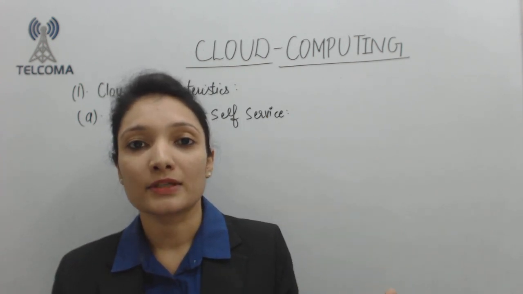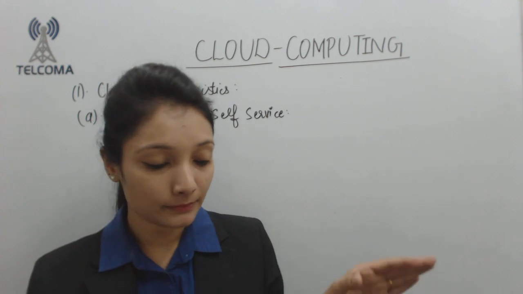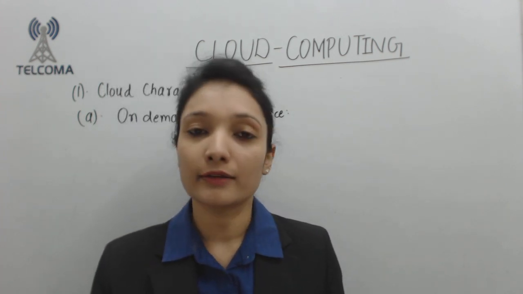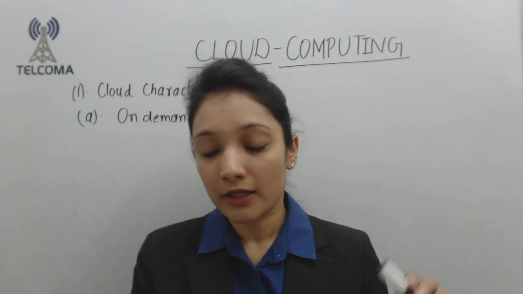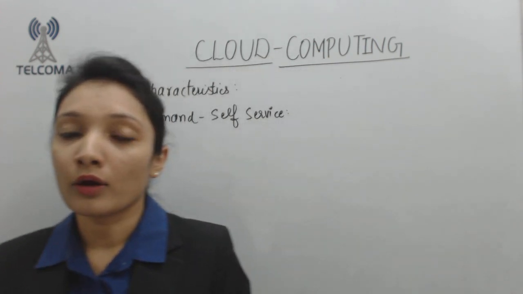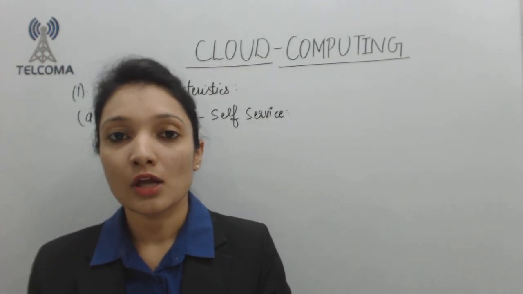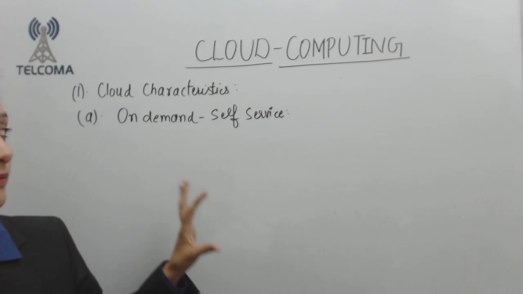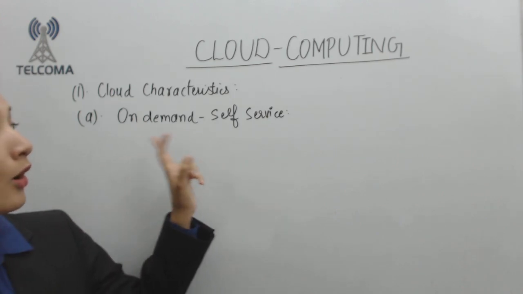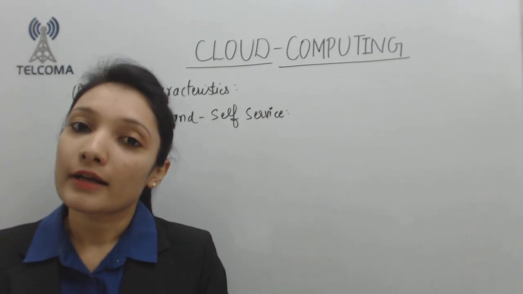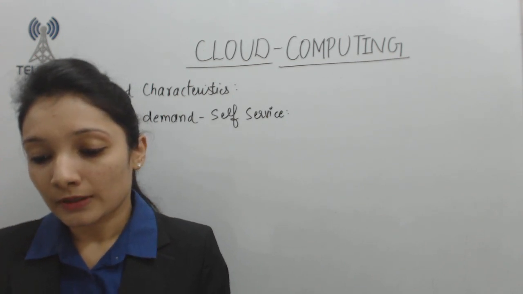That means the various applications delivered on these platforms can be accessed by the users on demand. One can simply log on and use the various services. So this is the first characteristic of cloud computing: on-demand self-service for the customers, for the users.